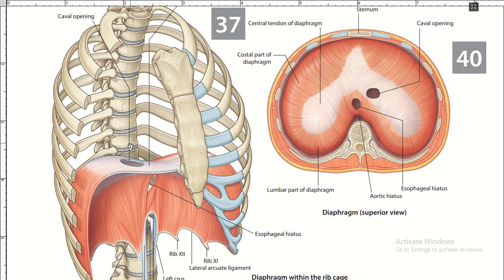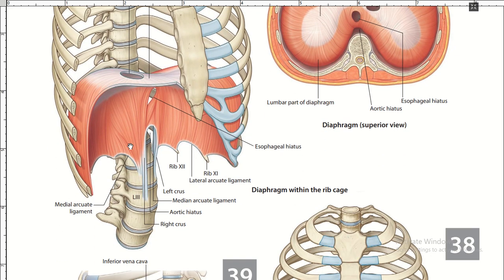Also the myoblasts coming from C3 to C5 will form the diaphragm. So they would separate the thoracic cavity, which is now mainly the pleural cavity, from the peritoneal cavity.